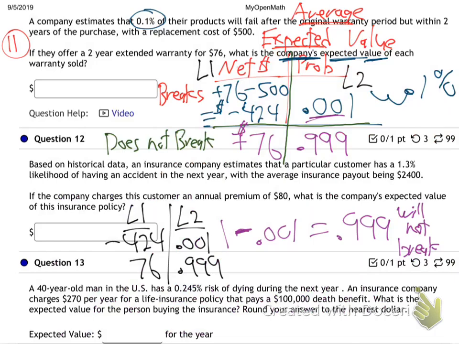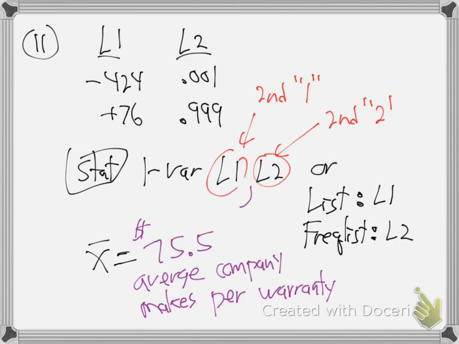They sell them for $76, but they break so seldom that the average comes out to $75.50 per warranty sold. That's money in the bank to them. Do you see why they sell warranties? See how that works? I looked it up in my office a couple hours ago.